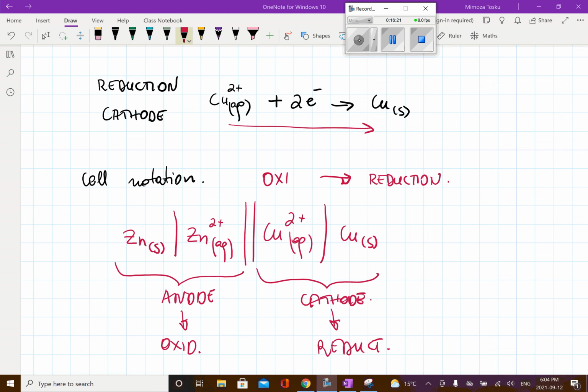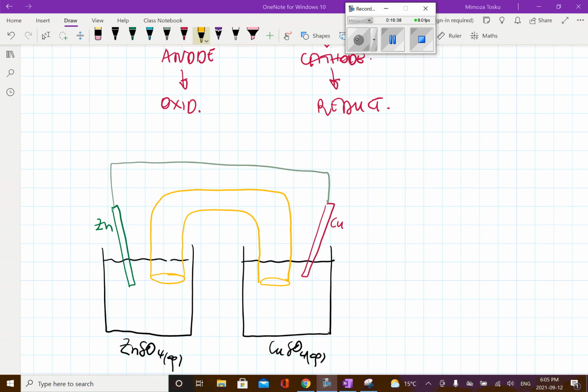So now let's talk a bit about the purpose of the salt bridge. I will stop the video now, draw the voltaic cell again, and then you will see it with the salt bridge and what is happening with it.